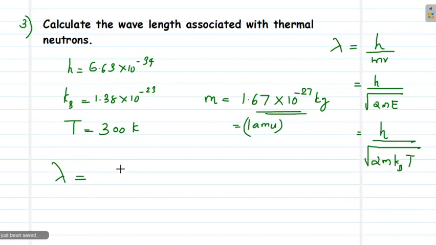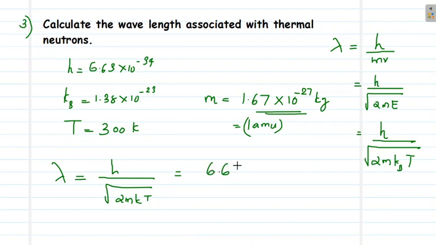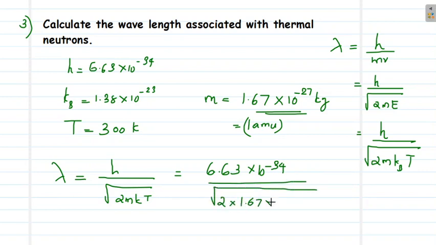So lambda equal to h by root of 2mkT, which is equal to 6.63 into 10 raised to minus 34 divided by root of 2 into 1.67 into 10 raised to minus 27 into 1.38 into 10 raised to minus 23, which is k, multiplied by temperature.